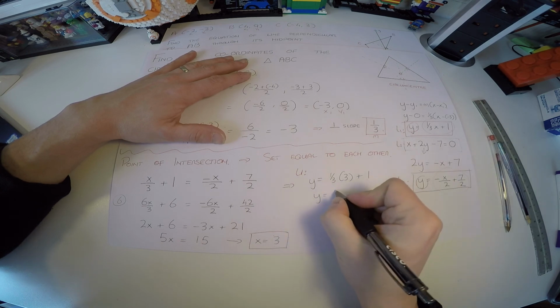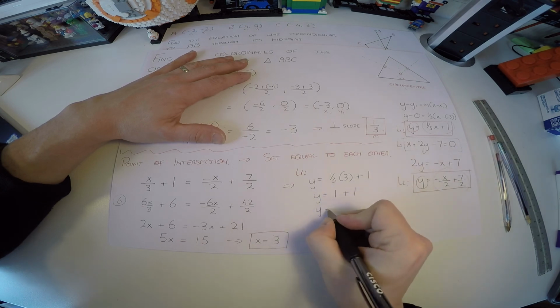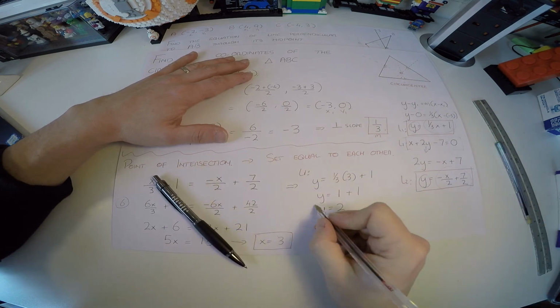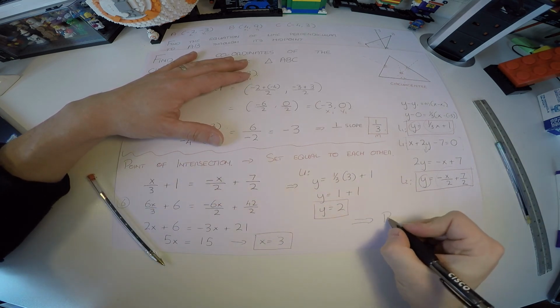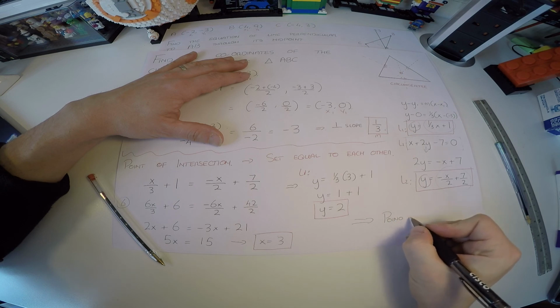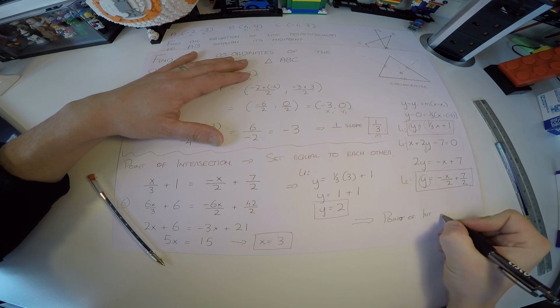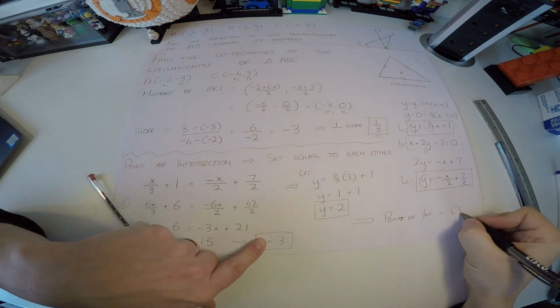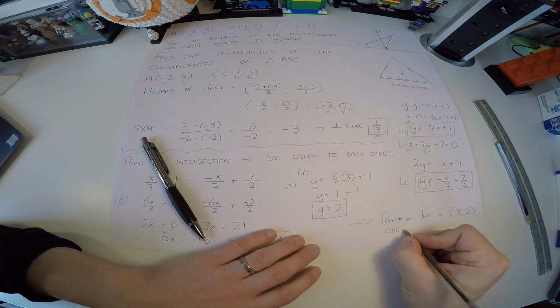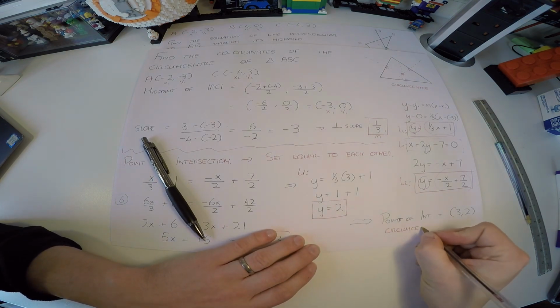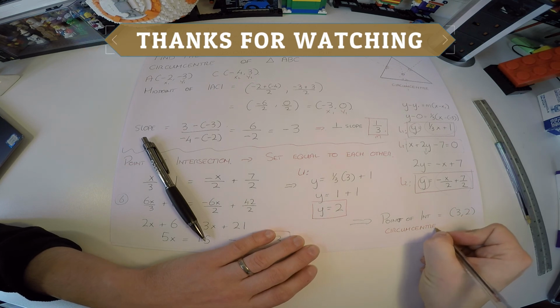So a third of 3, that's 1, plus 1. So when x is equal to 3, it turns out that y is equal to 2. So therefore, all this says my point of intersection is an x of 3 and a y of 2, and of course my point of intersection here is my circumcenter. And that's it for that question, so I hope that made sense.